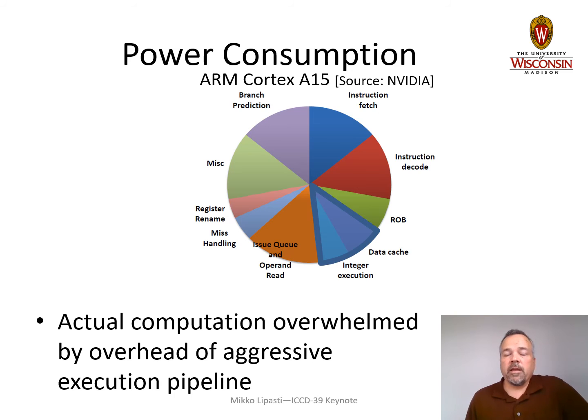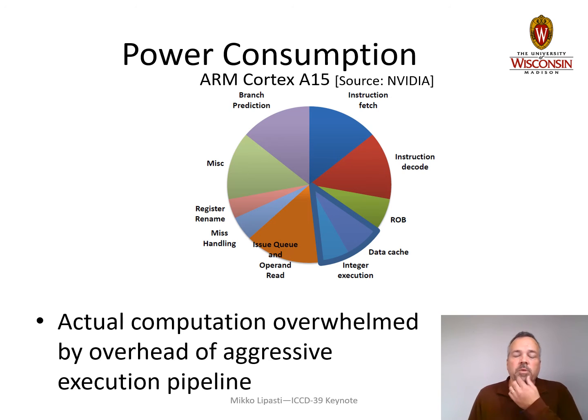There's similar data that came from Intel that's a little bit less pessimistic. If you attribute half of the cache power and all of the integer execution power to useful work, then you're a little more than this pie slice, but still a big chunk of the remainder is wasted in some sense on overhead related to making sure that we have useful things for the rest of the CPU to do.